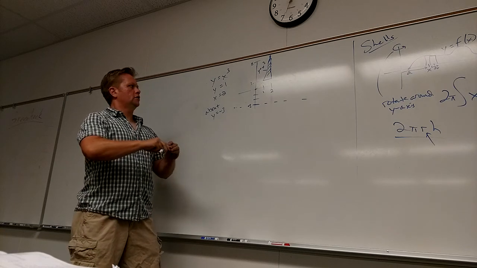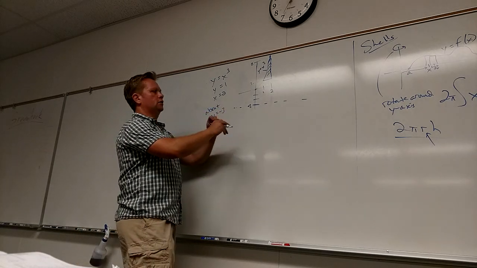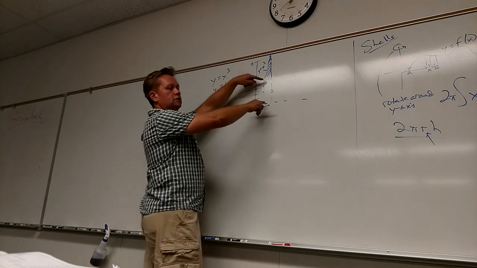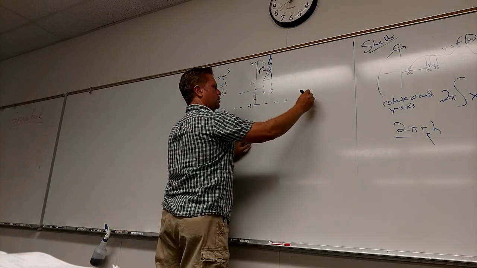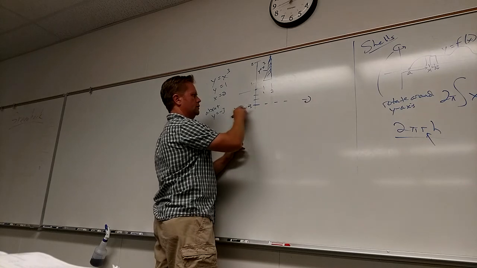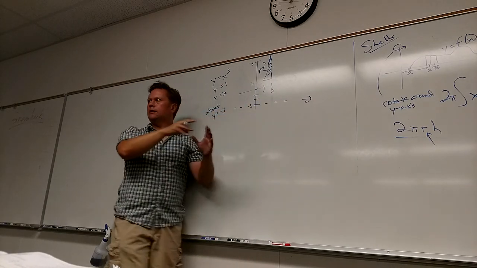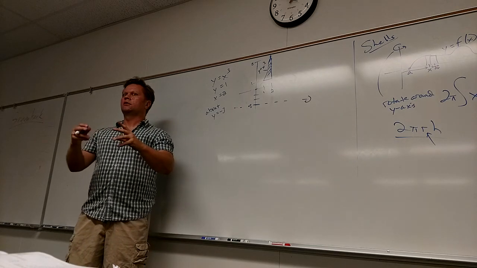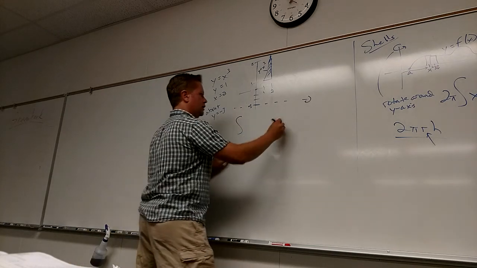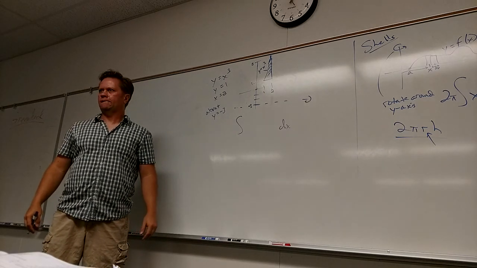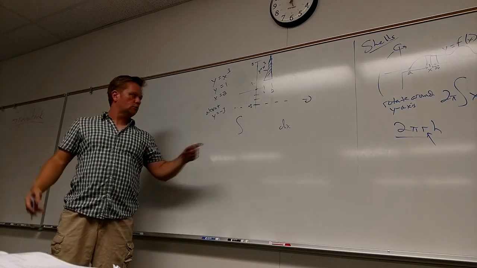And of course you could tell it's going to be a washer because there's a lot of empty space, so I'm going around something. What's important about the fact that I'm rotating around this line here? How's that going to help me? What's the immediate thing it means for me? Good, I know it's going to be integral dx. There's the space in there. Which immediately means, what are the limits going to be?